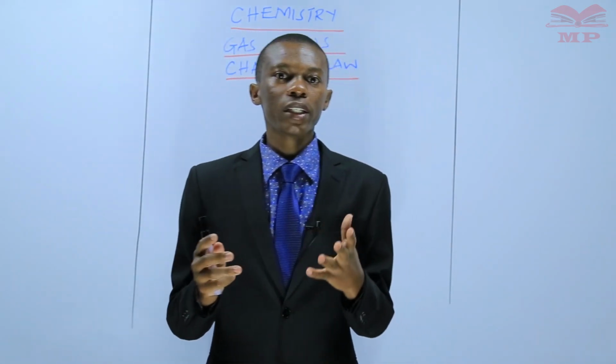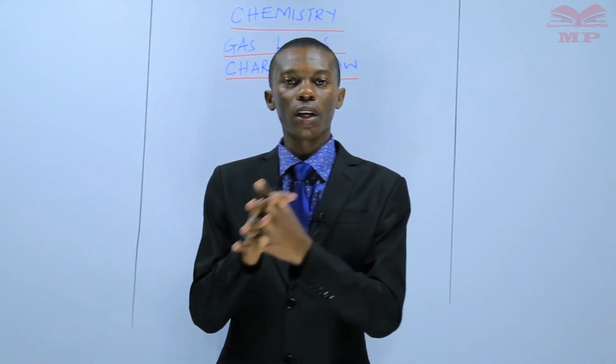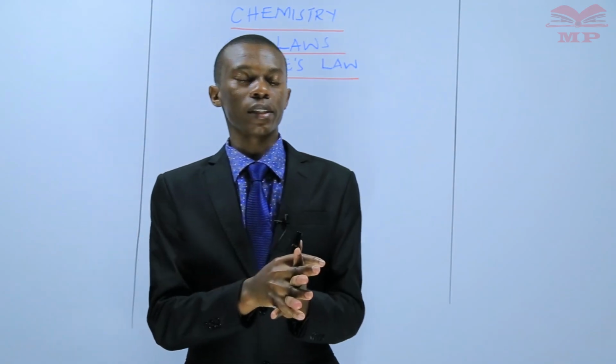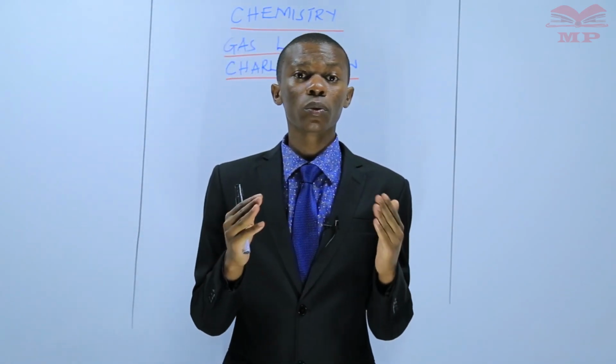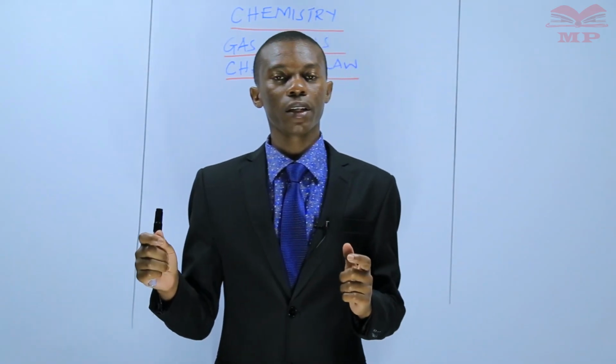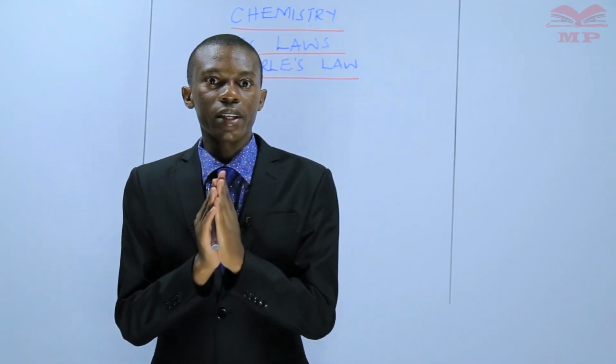And we also did the conversion of degrees Celsius to Kelvin and Kelvin to degrees Celsius. If you want to convert temperature from degrees Celsius to Kelvin, you just add 273.